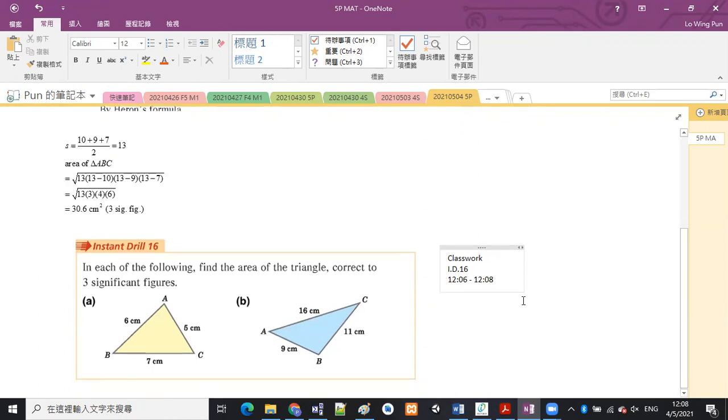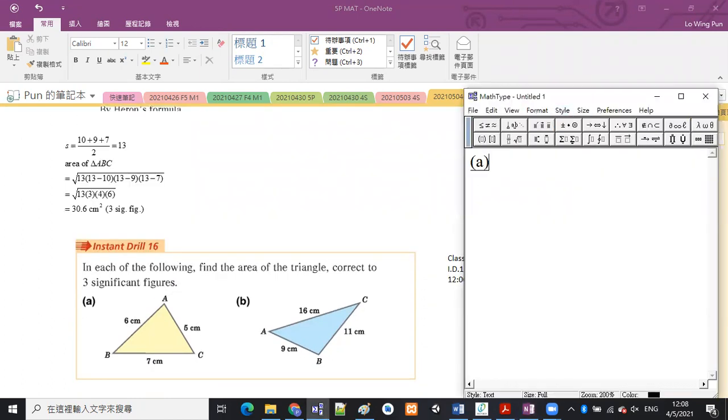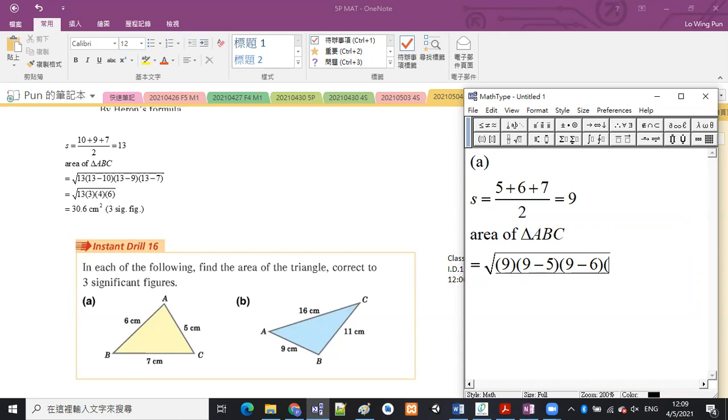So have you done part A? S is equal to 5 plus 6 plus 7 divided by 2, which is equal to 9. And then the area of triangle ABC will be equal to square root of 9 times 9 minus 5, 9 minus 6, and then 9 minus 7.